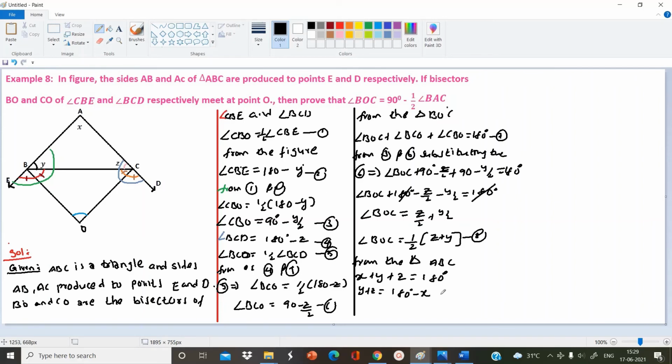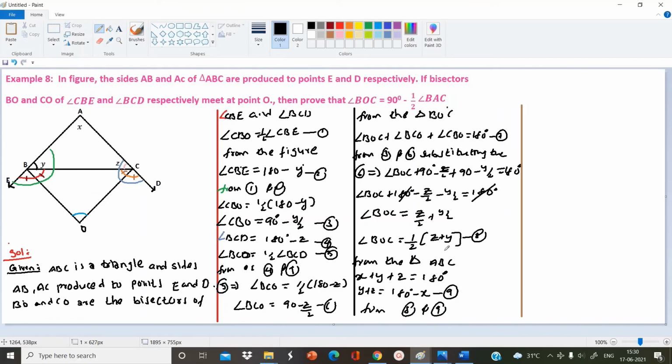180 minus x. Now just think this is equation 9. From equations 8 and 9, have a look here: z plus y is there in both.